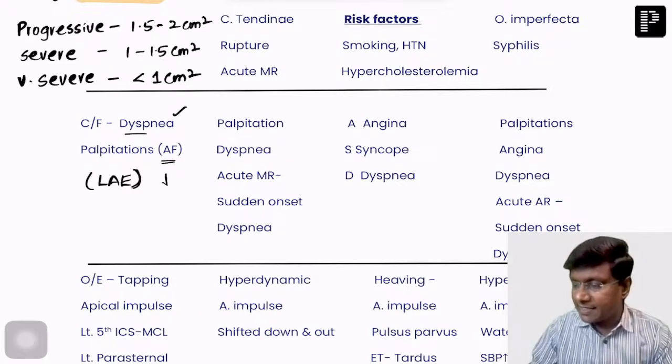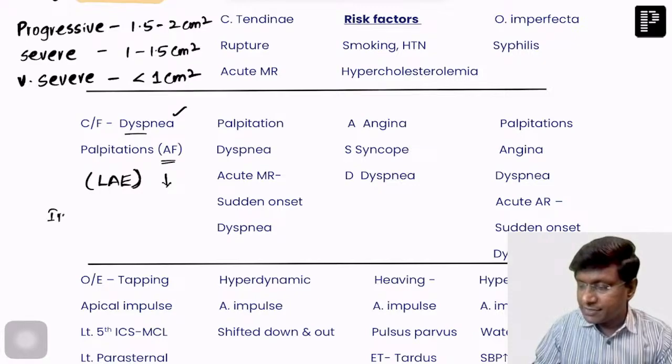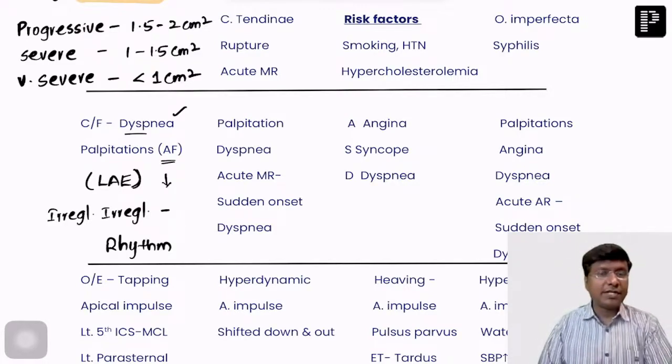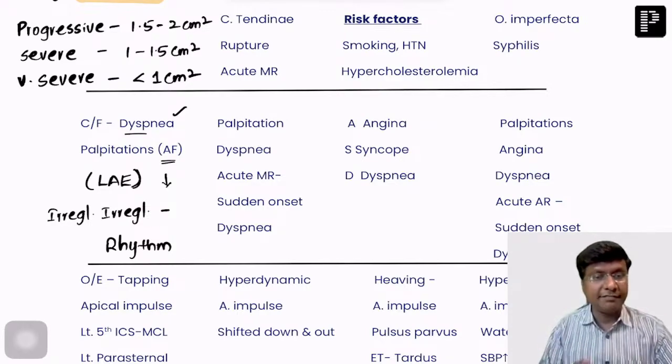And whenever there is atrial fibrillation, when you palpate the pulse, these individuals will have an irregular rhythm. So these two are the important clinical manifestations: initially dyspnea, and once there is left atrial enlargement, the individual will have palpitations due to atrial fibrillation.